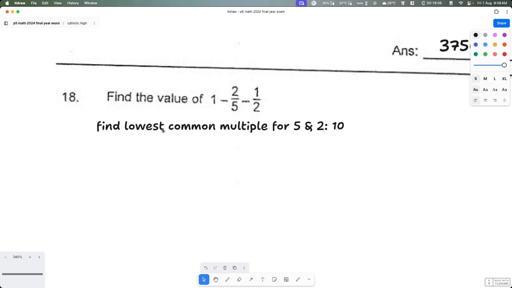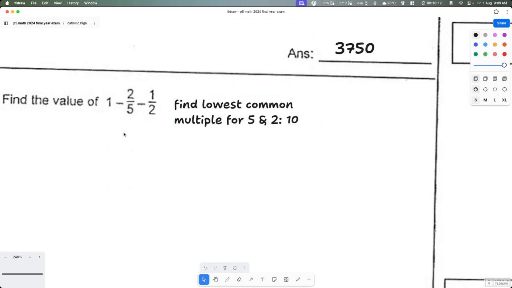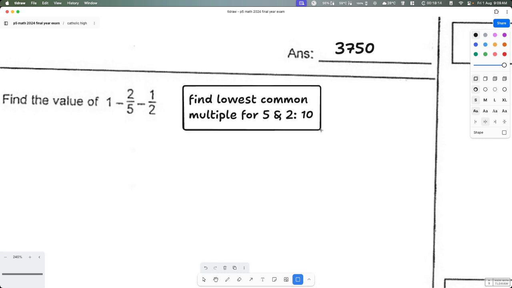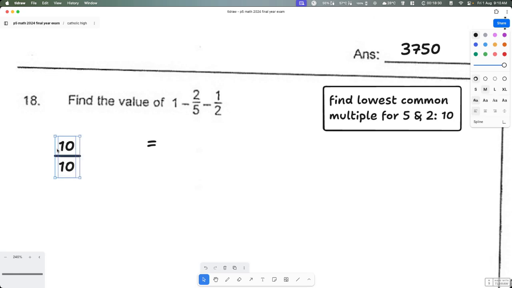Pretty straightforward. So we'll simplify everything to a denominator of 10. In this case 1 will be the same as 10 out of 10. And 10 out of 10 is equal to 1. And then we also have 2 out of 5.